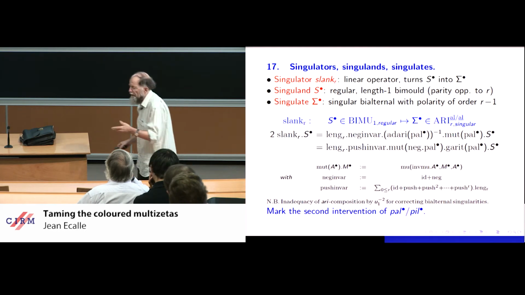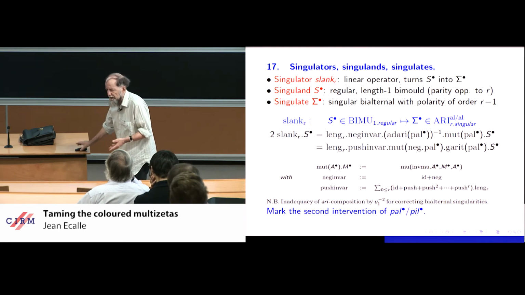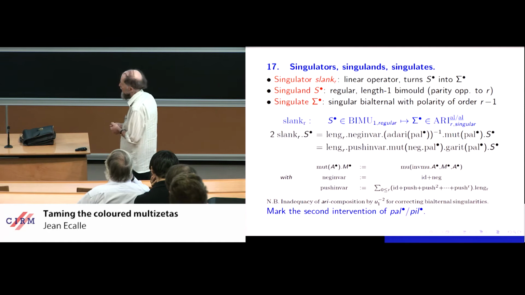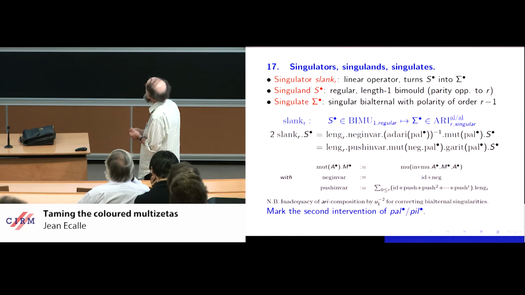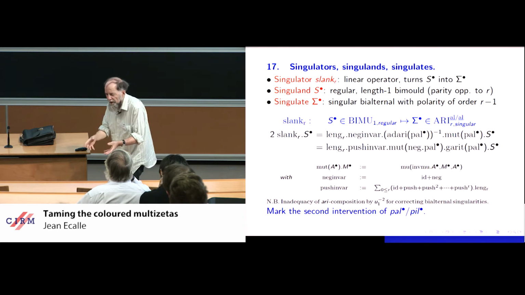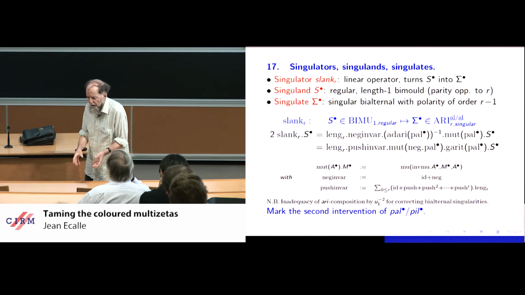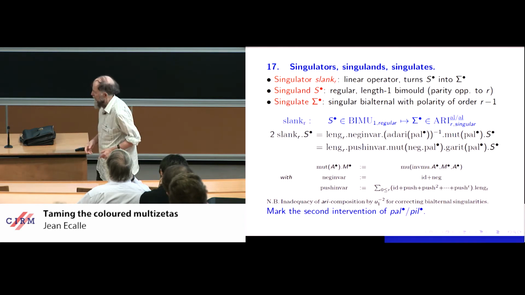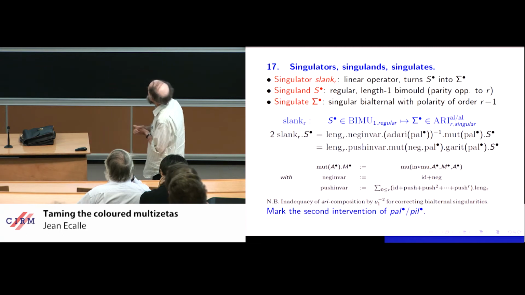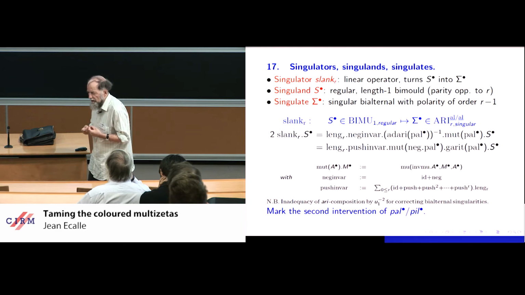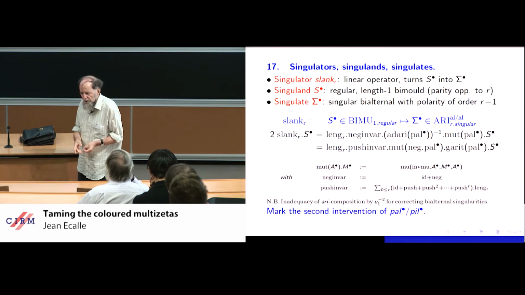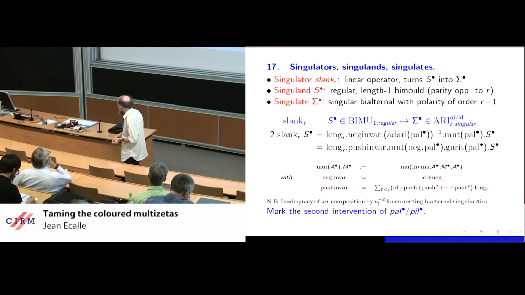The operators themselves, the singulator, produce singularities of a specific type. The singulate, the end result, is the singularity you want to produce, so as to eliminate it and compensate it. And then the singuland, which is the regular mould to which you apply the operator.